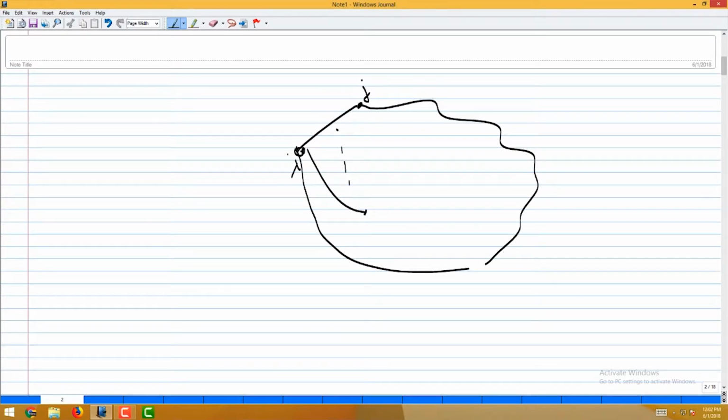Well, how will that path look like? From j it will go to one of its neighbors, and then from that vertex it is going to visit all vertices except 1 and j, and come back to 1. So, the sub problem I am going to define is to find the shortest distance.